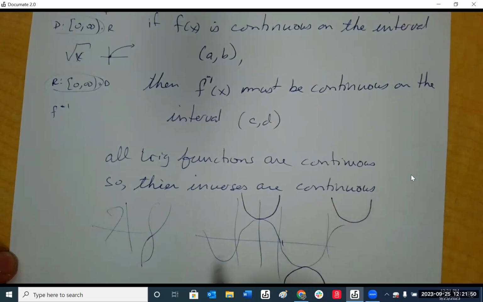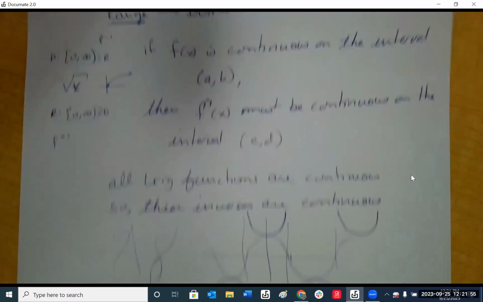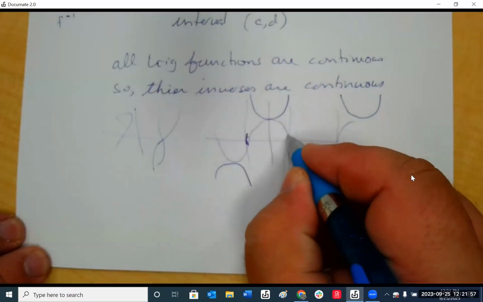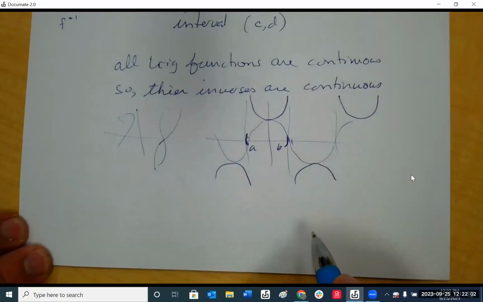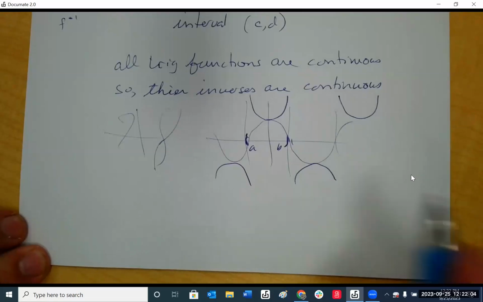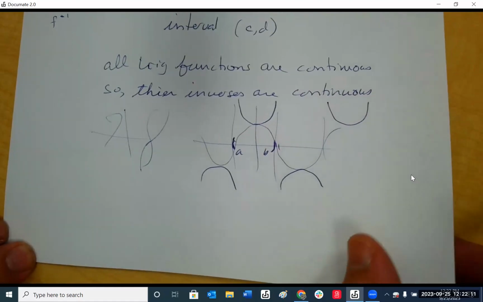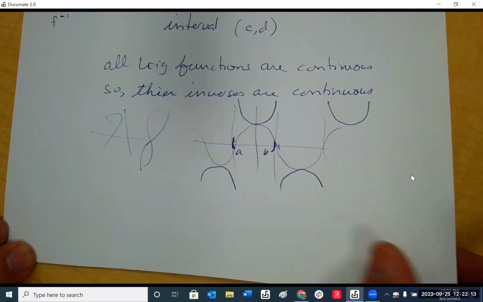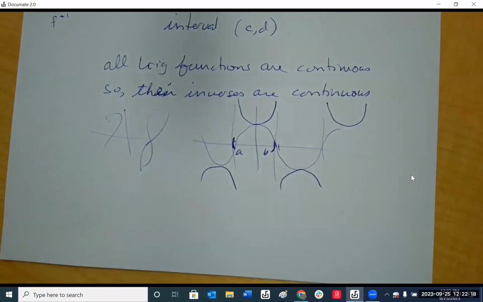It has those asymptotes, but it's still continuous, because on our domain, this is A, this is B. Anywhere that the denominator is not equal to 0, that's my new domain, and it's continuous on the interval. Once you define the interval, then it's okay.